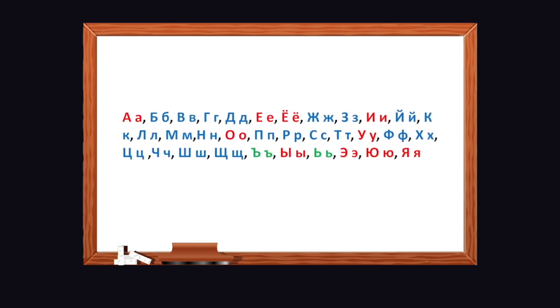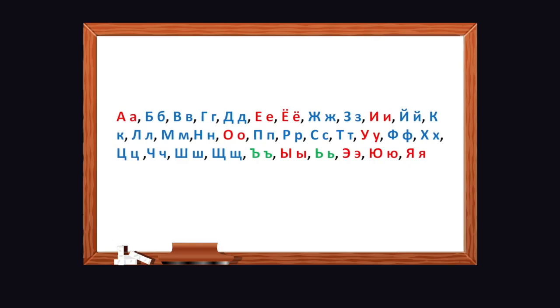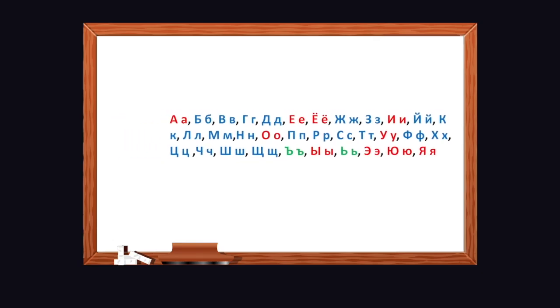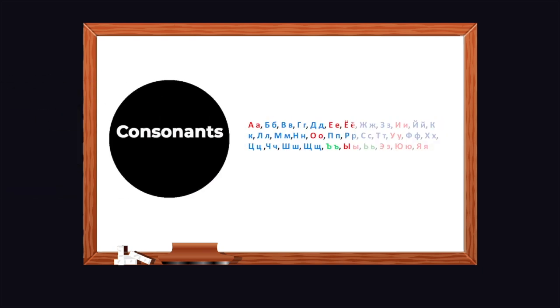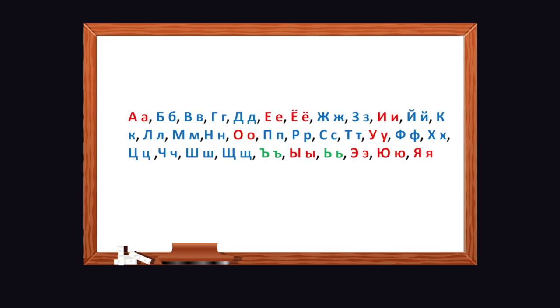You must pay attention to the color scheme which we have used here, so that you can identify whether these letters are vowels, if they are in red color, consonants, if they are in blue color, or signs, with the help of green color. So let's go ahead and listen to these letters and their sounds one by one, and understand what kind of role they play in the Russian language.